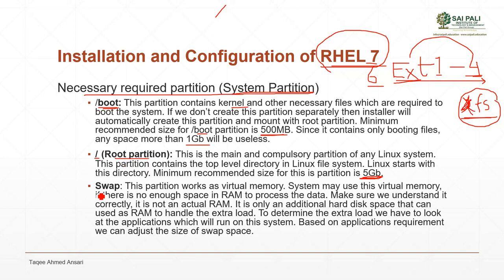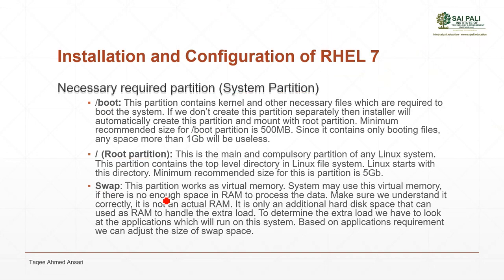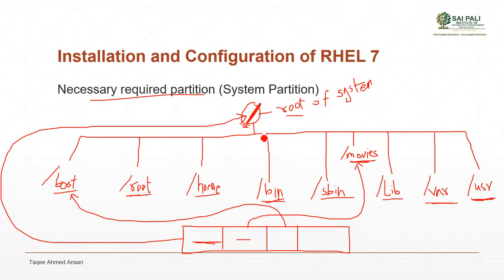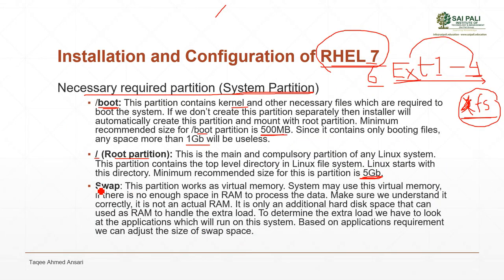Now you have swap. If you see the swap, it does not have any slash, which means it does not come under slash. Why? It is not actually a directory. This partition works as virtual memory.